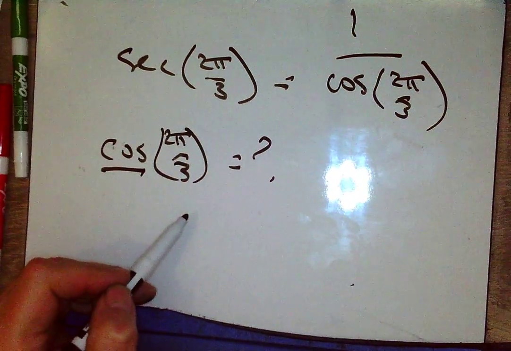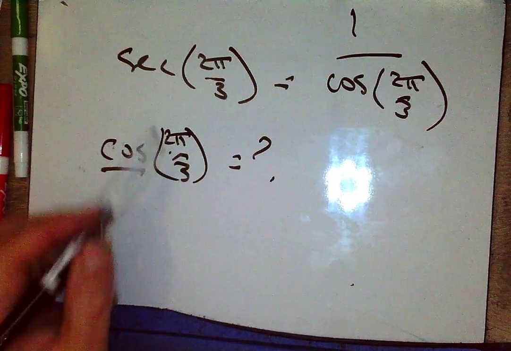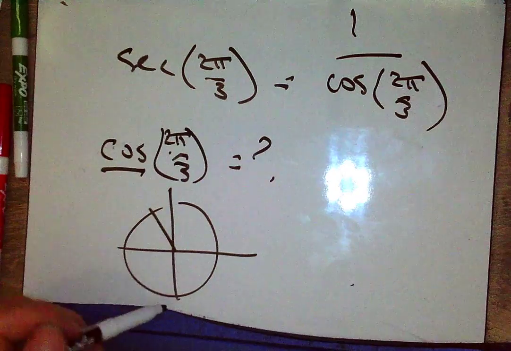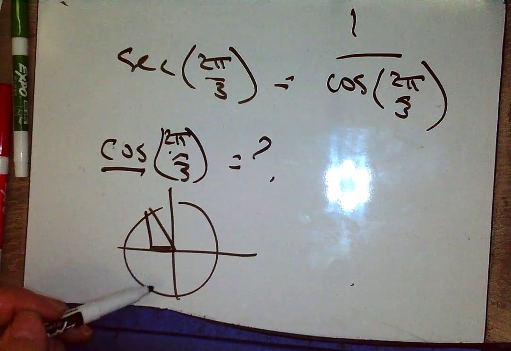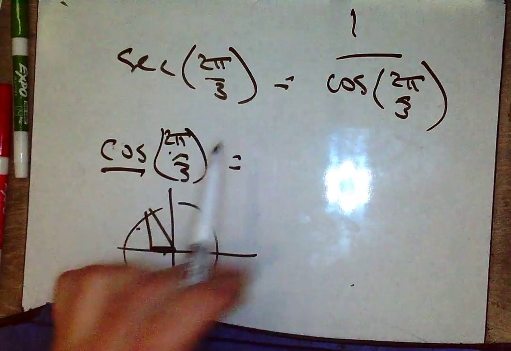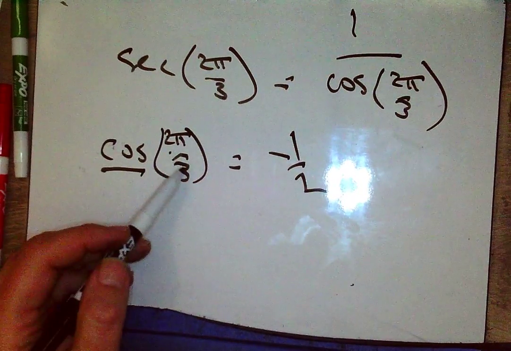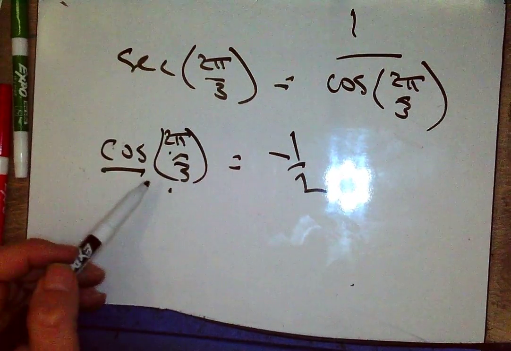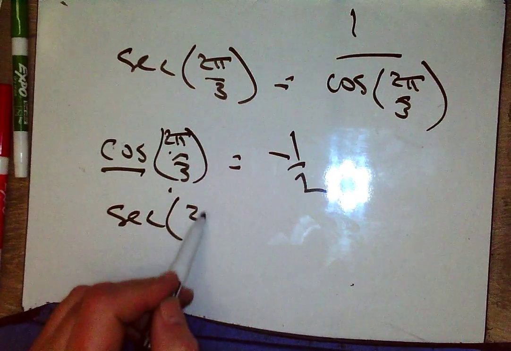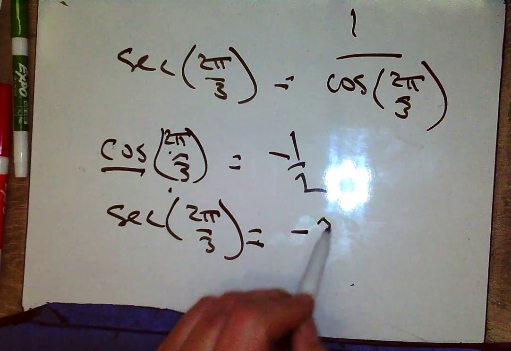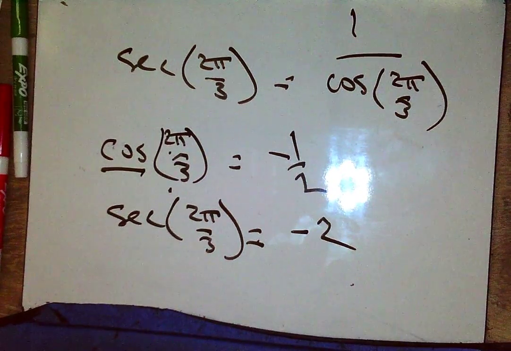Cosine is the x value on the unit circle. You want to know the x value at 2 pi over 3. That's here. X value is the shorter one. And so I know this is negative 1 half. Cool. Oh, but we want secant. And so the secant of 2 pi over 3 is just going to be the reciprocal of that, negative 2. Okay.